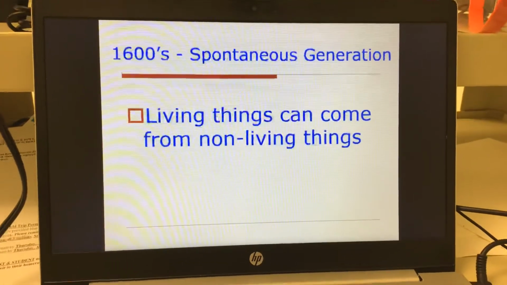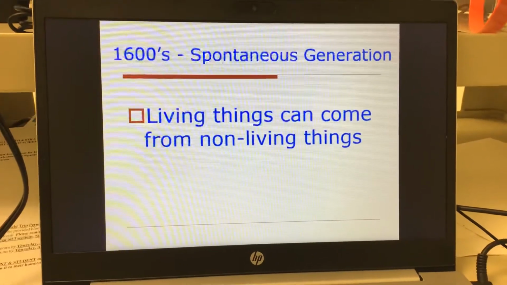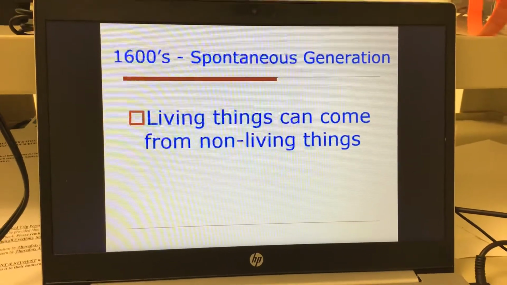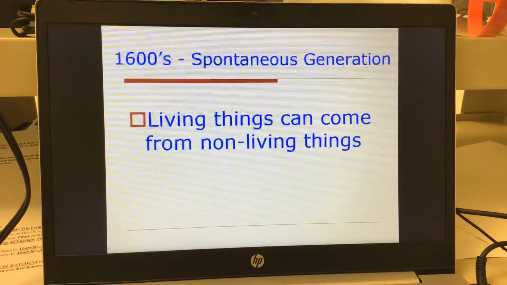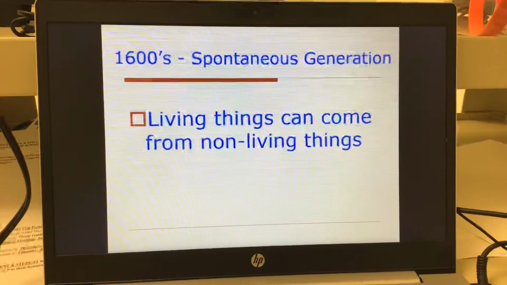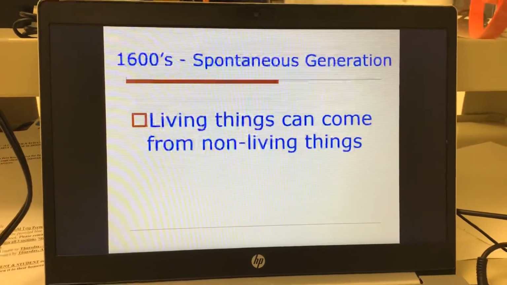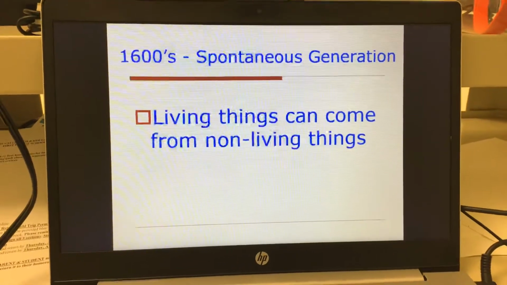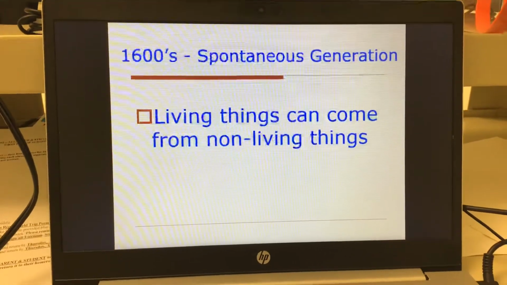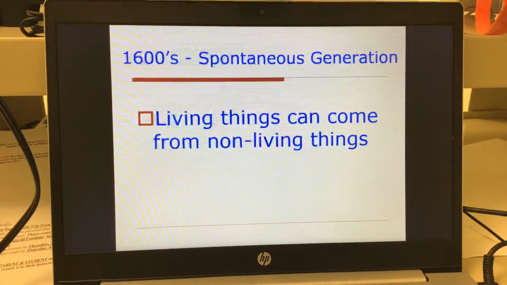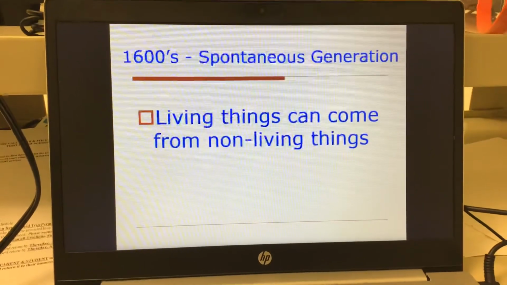Another example is if I have some rotten food, let's say an old hamburger from last night, and I leave it on the counter of my kitchen for several days. Eventually there are going to be flies there, or maggots and things like that. Flies will lay their eggs on that food, and when they hatch into little larvae, the maggots, they're going to be able to eat.